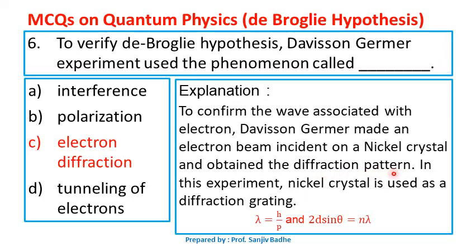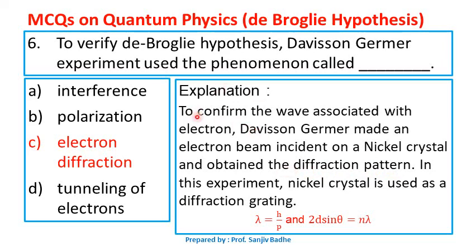Now the diffraction pattern cannot be explained by using particle nature of an electron. To explain this diffraction pattern, we can consider only the wave nature, and this confirms the existence of wave associated with the electron.